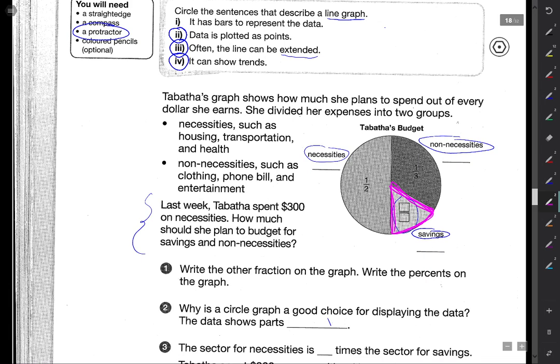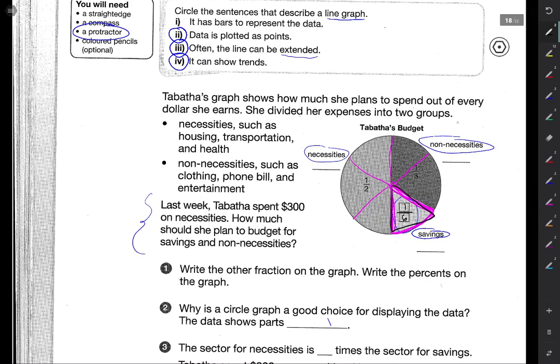So this little piece here, let's see how many times that size piece could fit in our whole circle. So I'm just going to roughly draw in here more chunks that are the same size as that pink one there. Okay, so I drew them in, and if we count them all, we have 6 total. So that means this little chunk here is going to be 1/6 of the whole. So the fraction is 1/6.